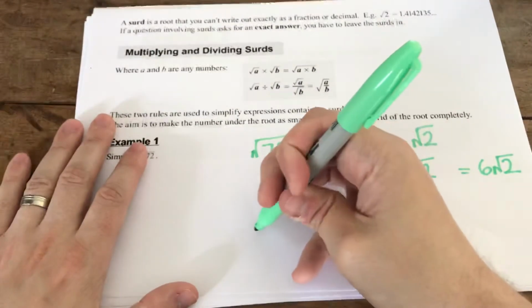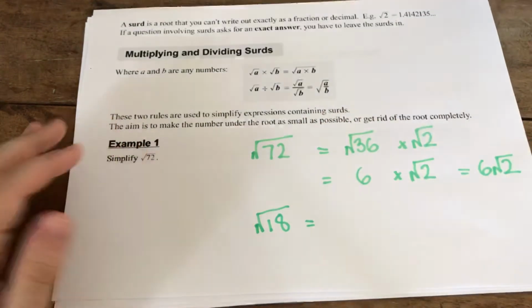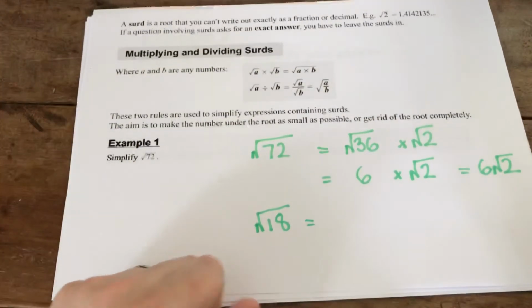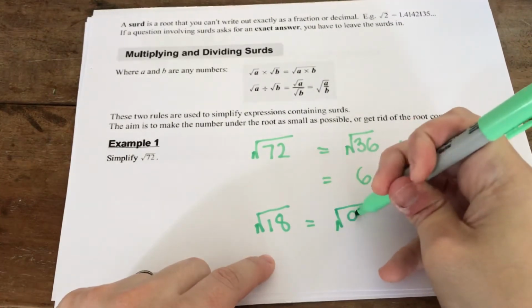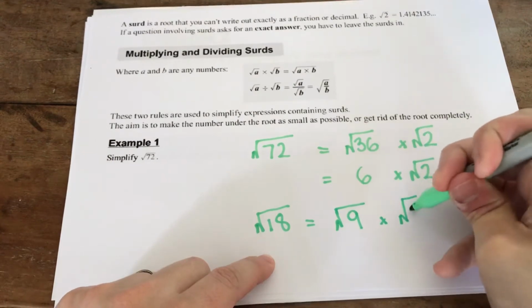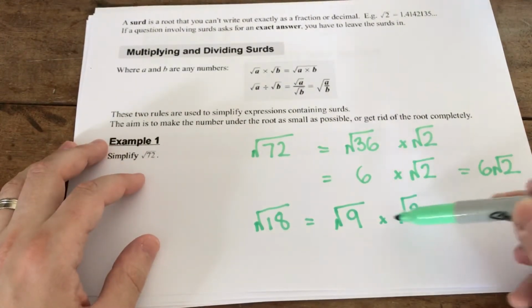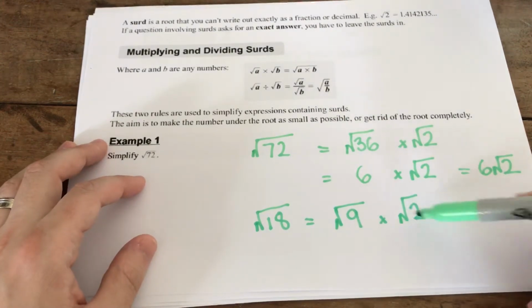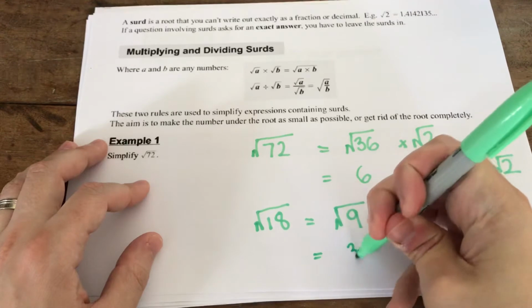Say I have the square root of 18. I can do the same thing with this. The biggest square number that goes into 18 is 9, times the square root of 2. It's just chance that I've chosen numbers that are times the square root of 2. They're not all going to do that. You then square root your square number to give you 3.